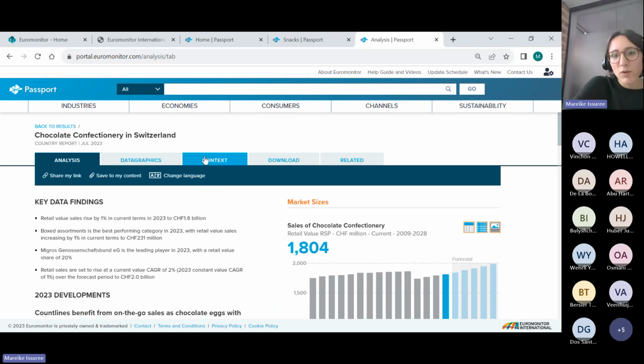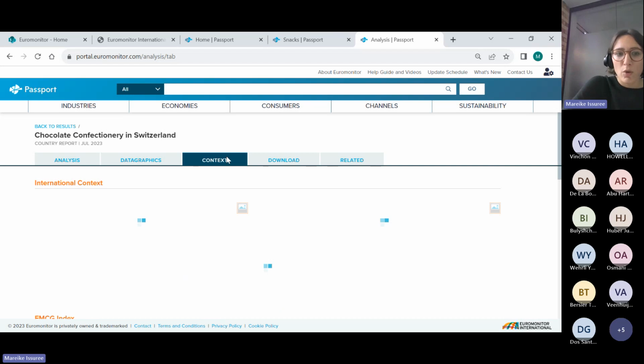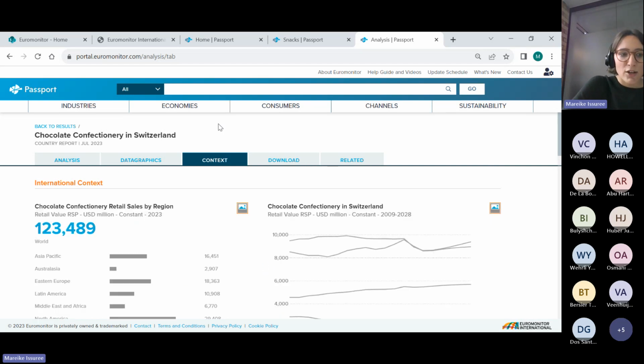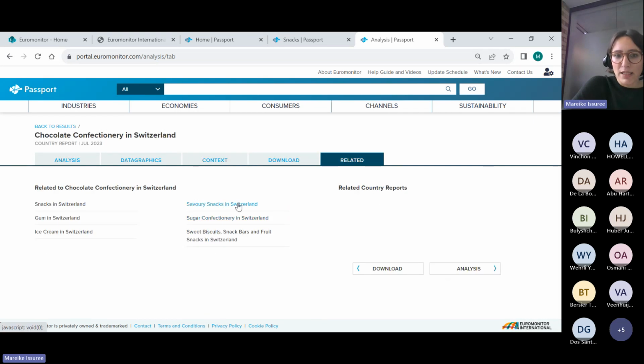And there are more tabs within each. There is a context tab, where you can compare the sector regionally, or you can also look at any other related report for Switzerland. That would be nice to compare with the chocolate confectionery sector in our case. Let me go back to the results page.